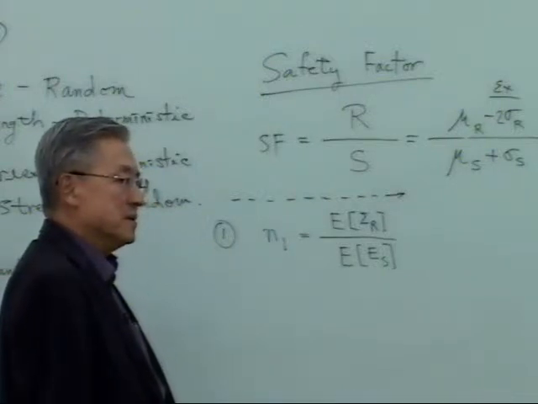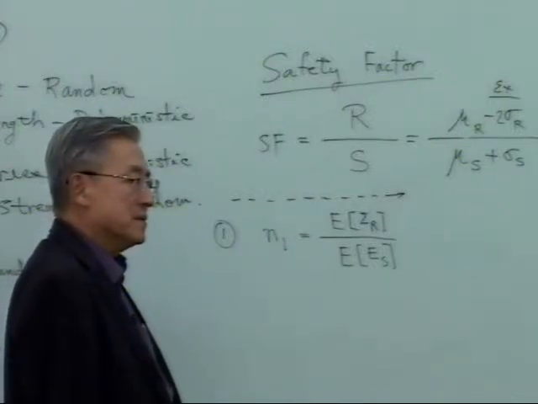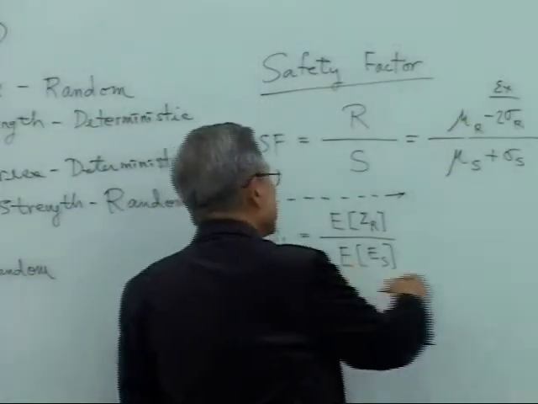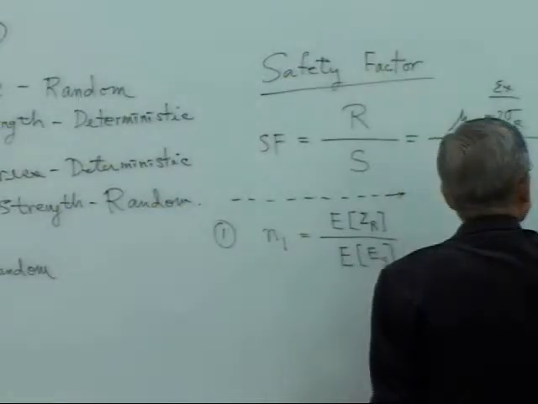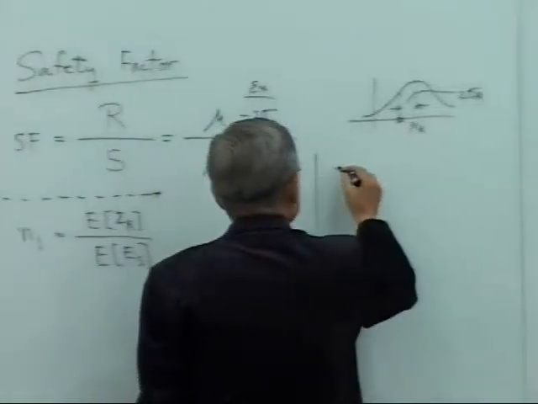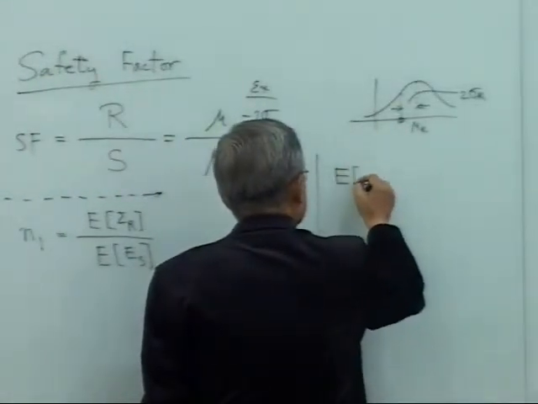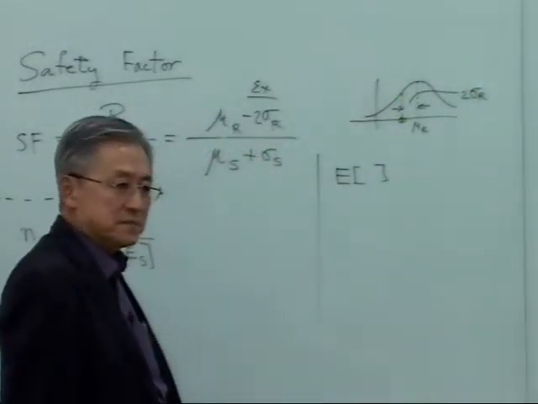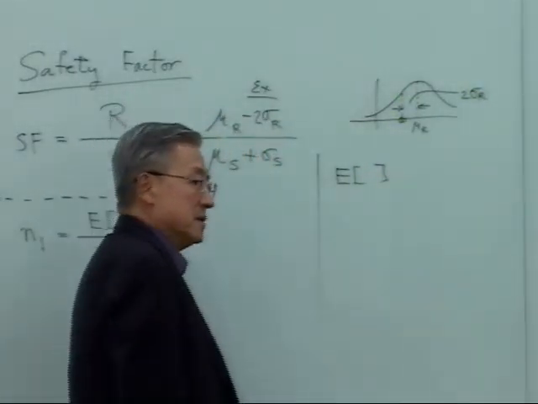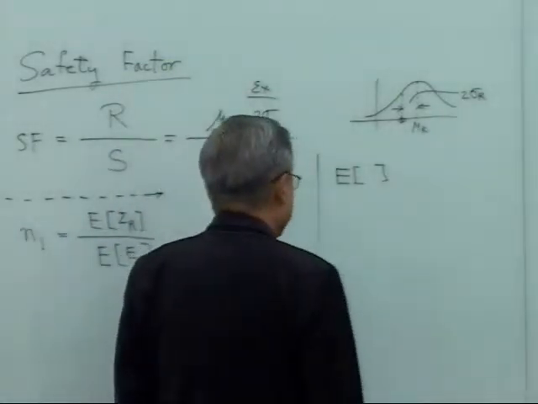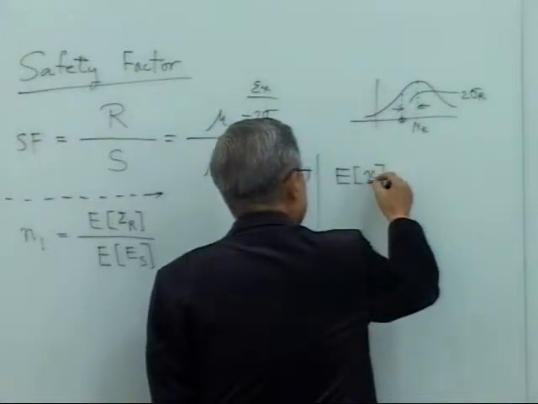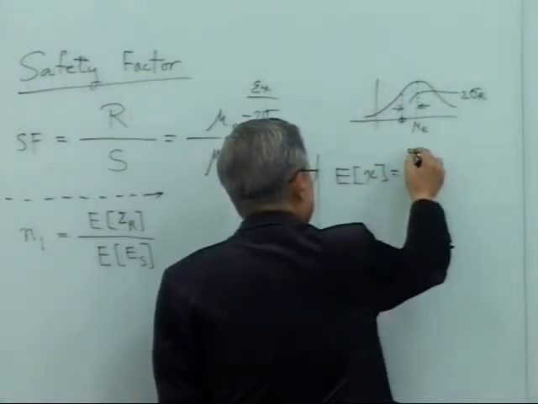So that's what I have decided here. You know the E, which is the expected value. If it's x, how do you get that?